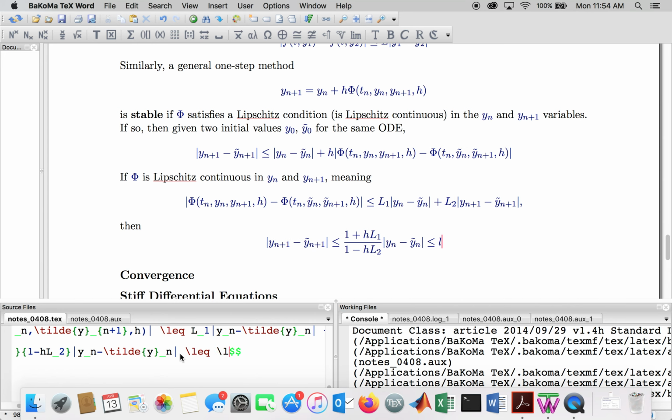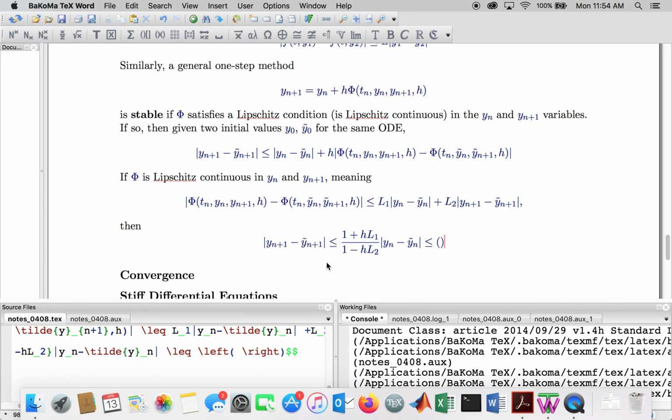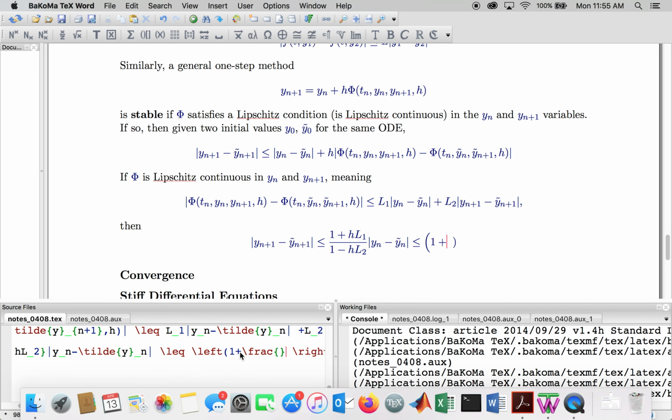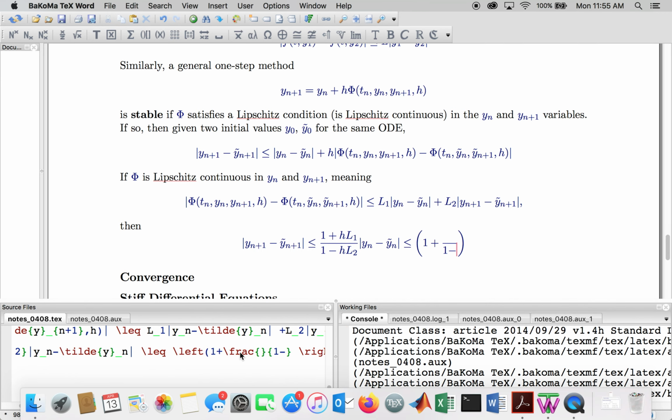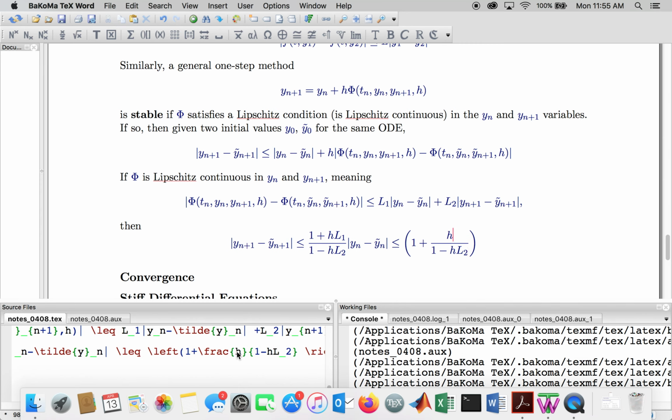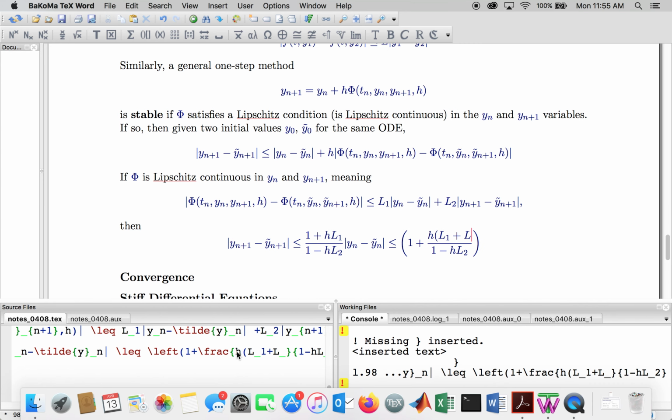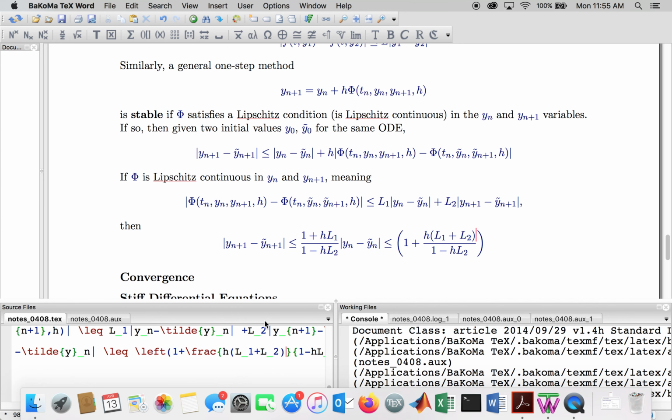Because I can write this as, if I write the numerator as 1 minus hL2 plus hL2, then what I have here is 1 plus 1 minus hL2 down below, and then I have h(L1 plus L2).